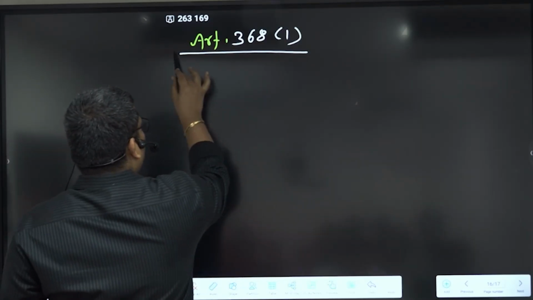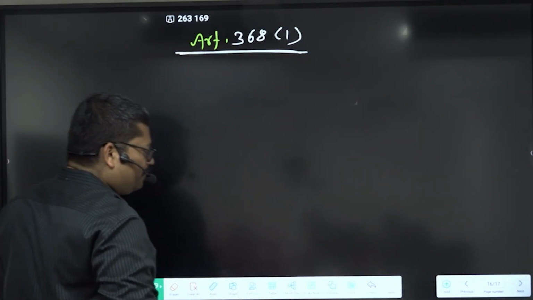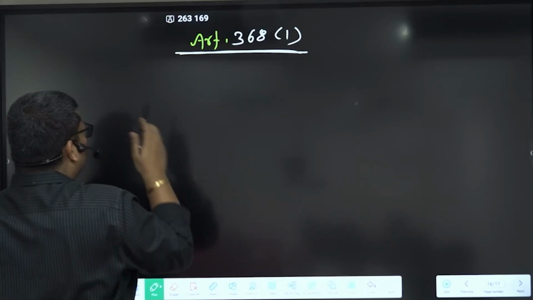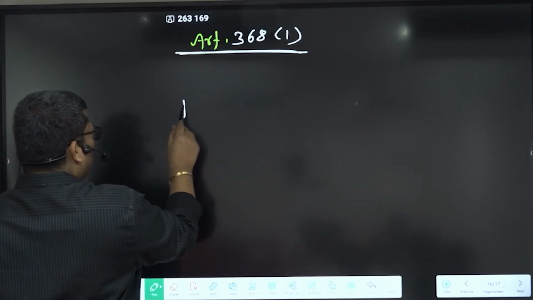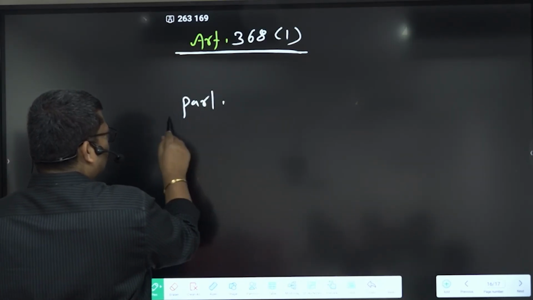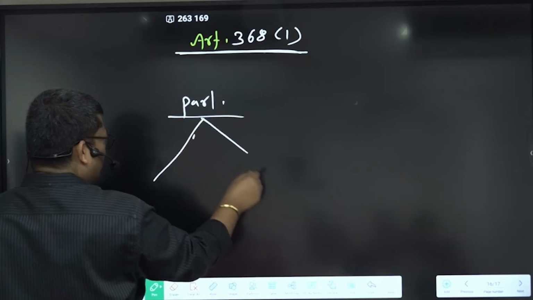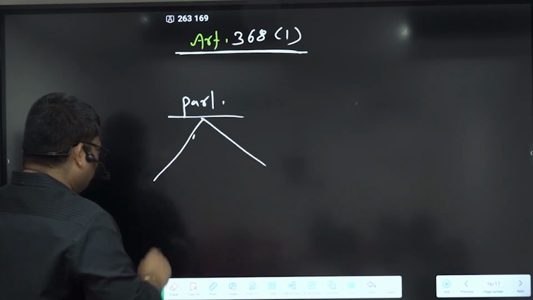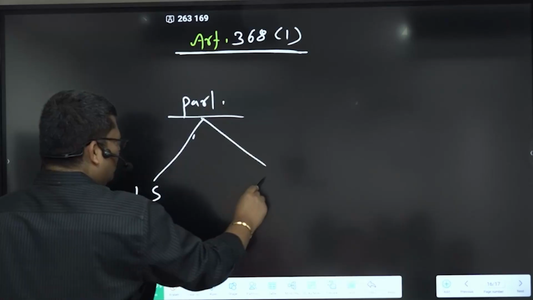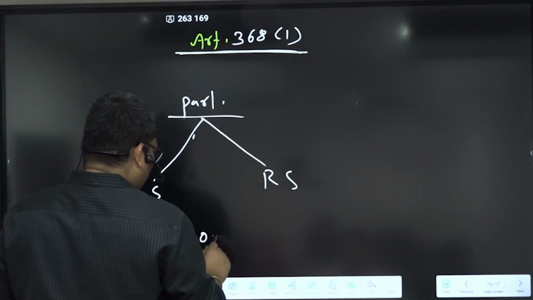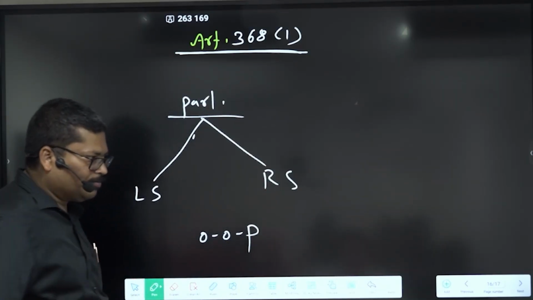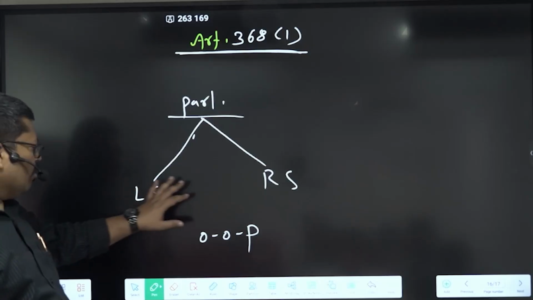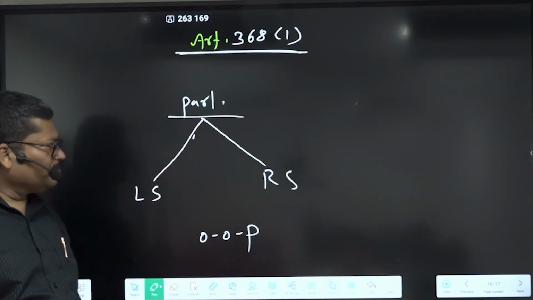So under Article 368 it is given that, see, here is the parliament. Parliament has two legislative houses along with the office of the President of India. So Lok Sabha, Rajya Sabha and office of President combinedly constitute the parliament.